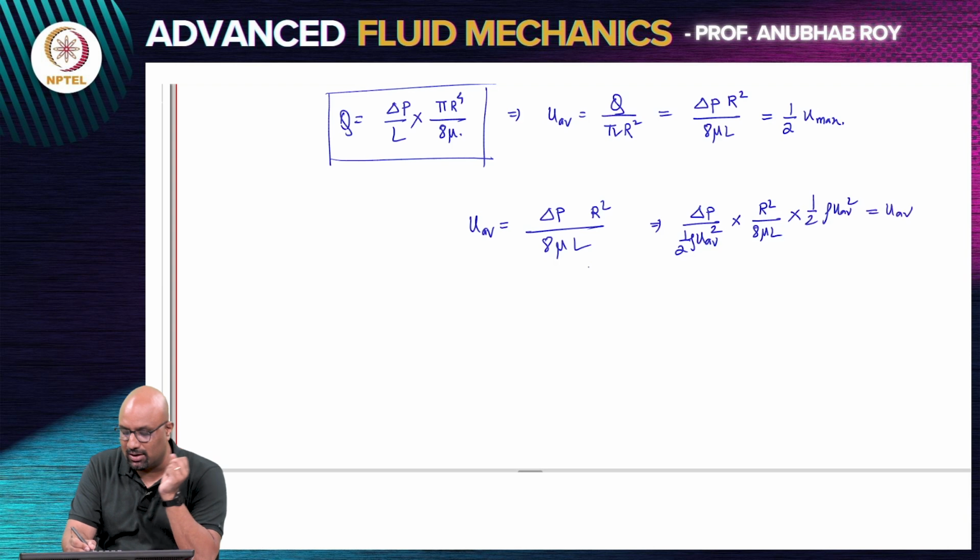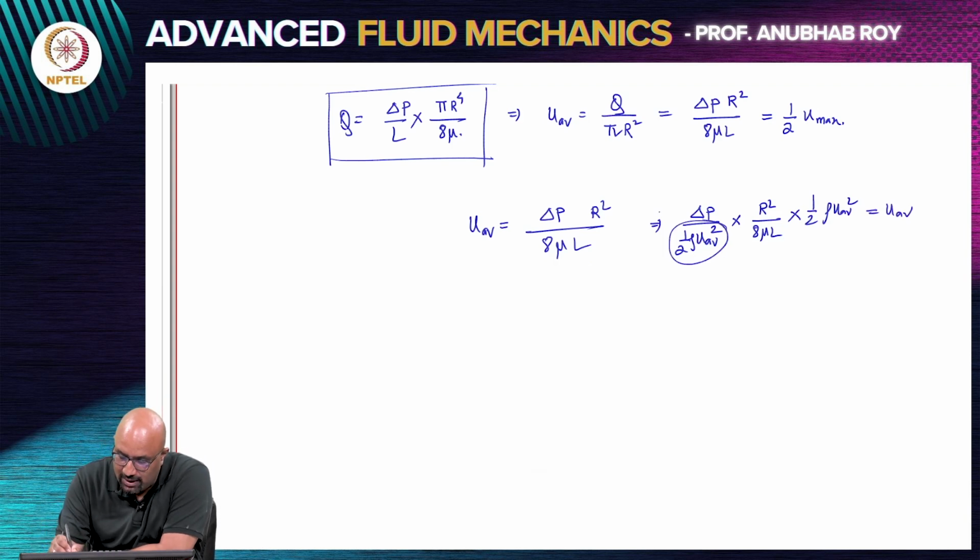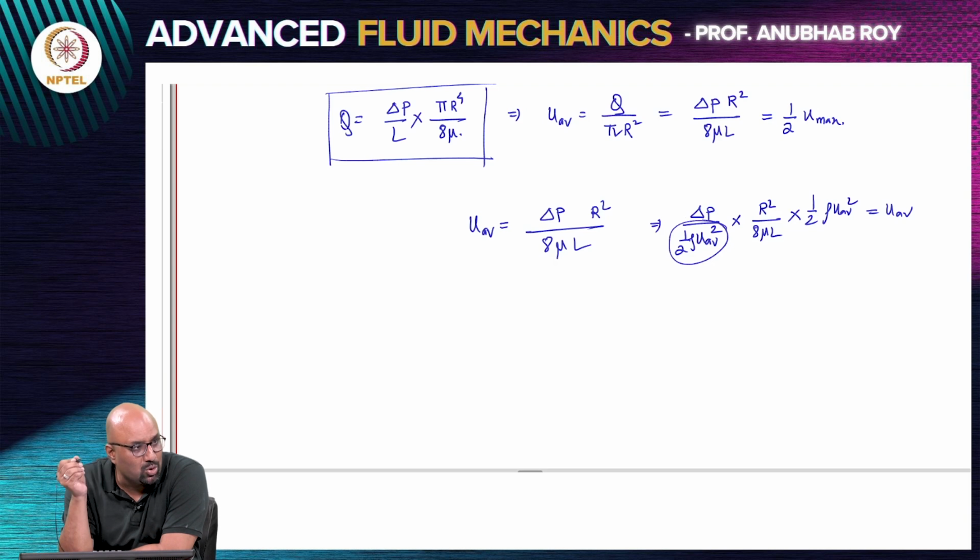So, on the term multiplying the pressure drop, I multiplied and divided by this particular term, which is half rho u average square. That is basically a measure of my non-dimensional pressure drop.